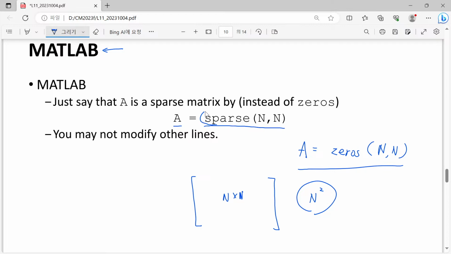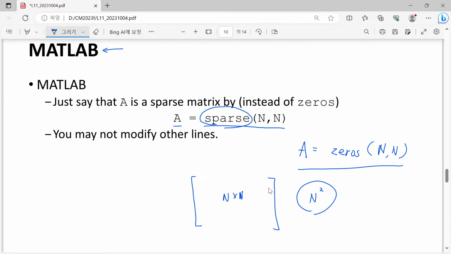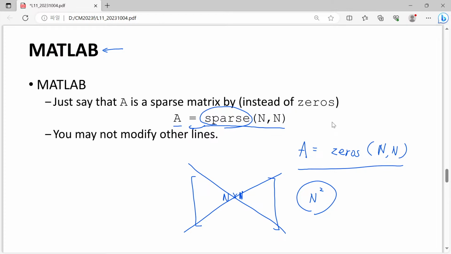When you say sparse, MATLAB does not prepare this kind of huge storage. It just says that okay, A matrix is sparse and eventually I will add some numbers. At first this is just a tiny one, and when you add more and more, it will increase and increase.